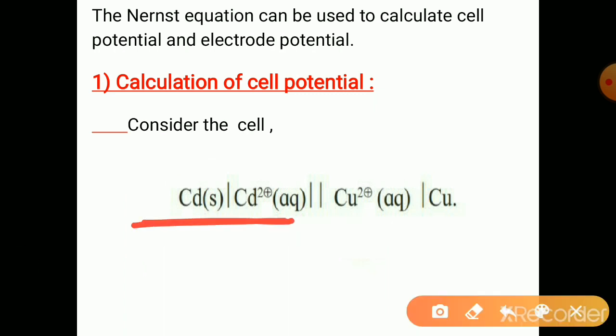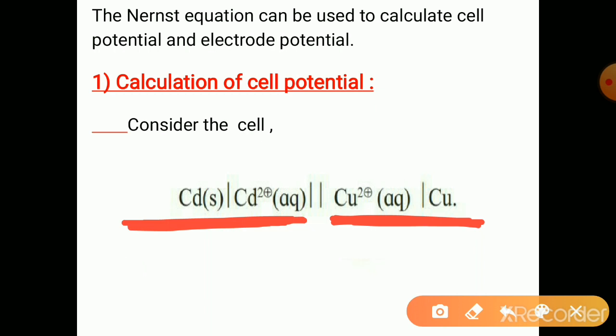Always, the anode is shown on the left and the cathode is represented on the right, because the cathode has the higher potential and the anode has the lower standard potential. We are taking standard potentials corresponding to the reduction reactions.